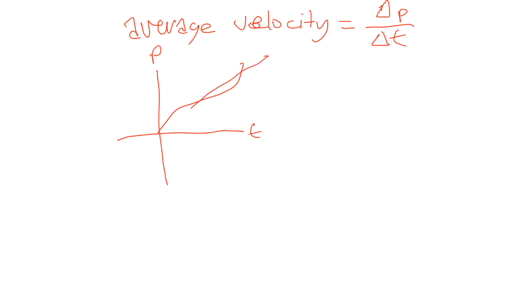But it's also important to note that at each point, whenever you're moving along a curve, you have an instantaneous velocity. In order to find our instantaneous velocity, we're going to end up having to actually find the tangent line at that position.